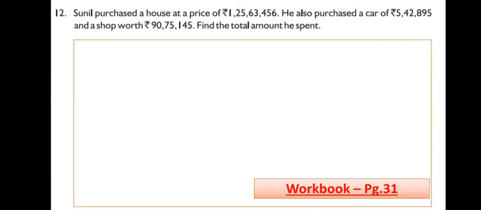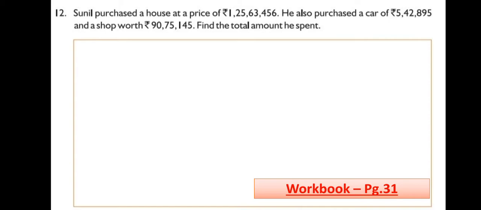And next, in your workbook, page number 31, 12th question. So 12th question is, Sunil purchased a house at a price of 1,25,63,456. He also purchased a car of 5,42,895 and a shop worth 90 lakh 75,145 rupees.